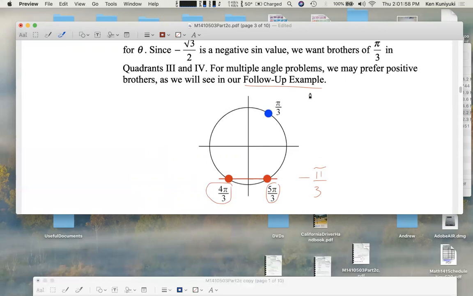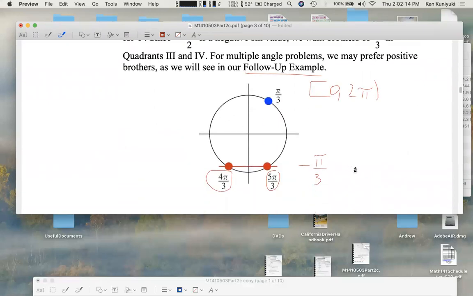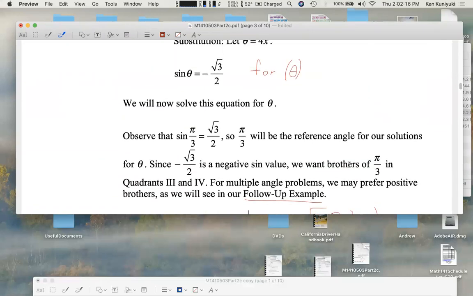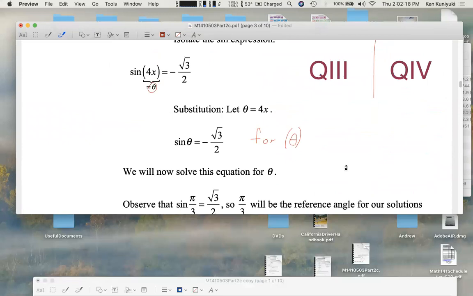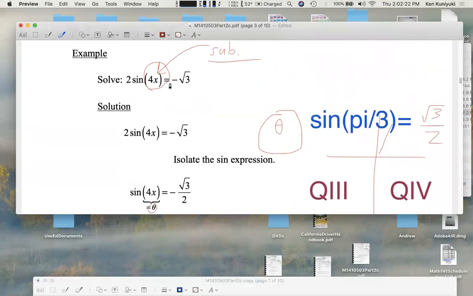So I may actually prefer the 5 pi over 3 to the negative pi over 3. Although, in terms of this general solution, negative pi over 3 may be more convenient if you do want all real solutions for theta here, which eventually will get us all real solutions for x over here.